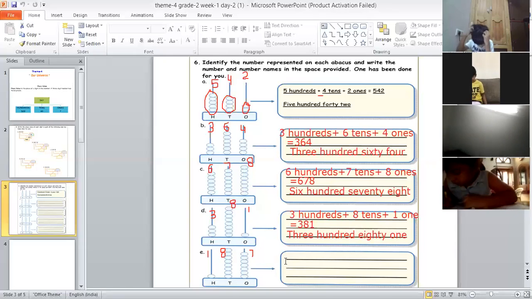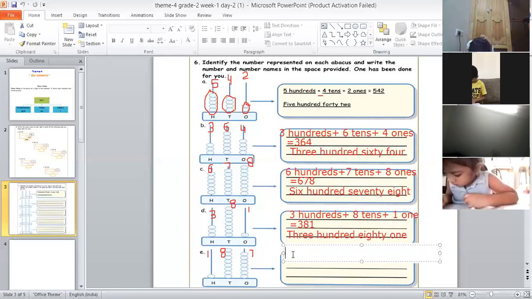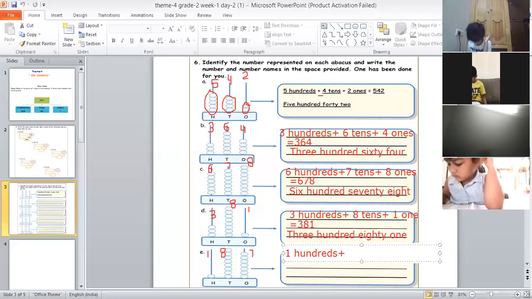Okay, now tell me its expanded notation. 100s. You have to write S also. 100s. Then 8 tens.